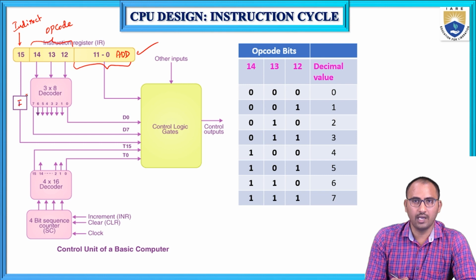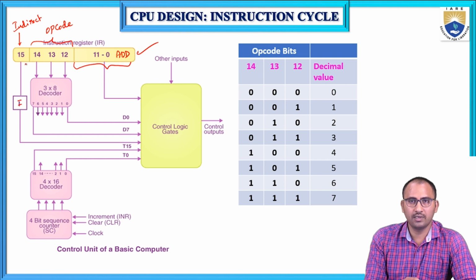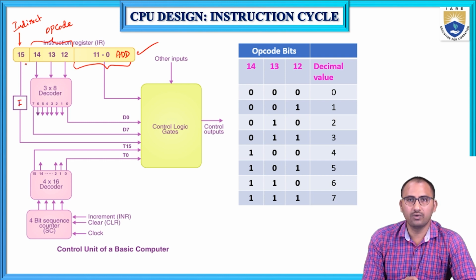This indirect bit I is for memory-related instructions. When the 15th bit is equal to 1, the instruction has an indirect address. If the 15th bit I is equal to 0, it has a direct address.